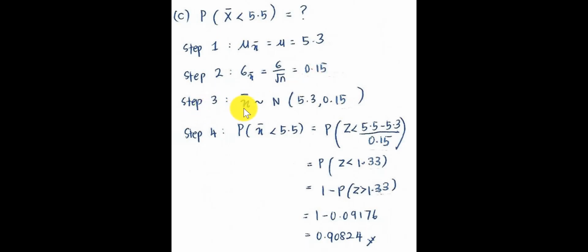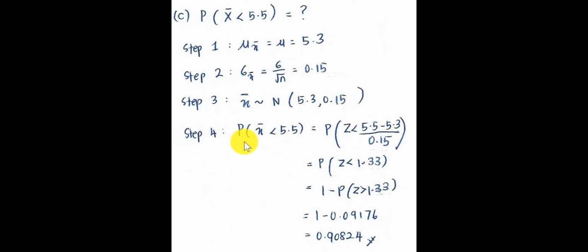For step 3, we just write the notation. Your mean of the sample is 5.3 from step 1, and step 2 is your standard deviation, this one 0.15. It's supposed to have the square, so please do the correction. You must add the square here.